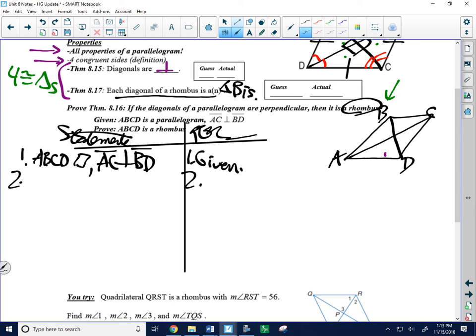We do know it's perpendicular. We don't know it's a rhombus yet. We're trying to show a rhombus. Whenever you're trying to show it's a figure, the best approach is to get the basic definition of that figure. So for a parallelogram, we show opposite sides parallel. For a rhombus, we're going to show four congruent sides. That's the basic definition.